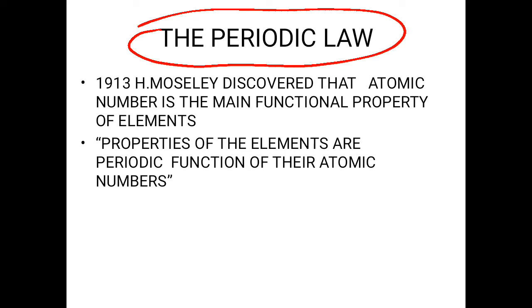And the reason is atomic number. Properties of elements are the periodic functions of their atomic numbers. It was discovered by Moseley in 1913, and he also discovered that it is the atomic number, not the atomic mass.